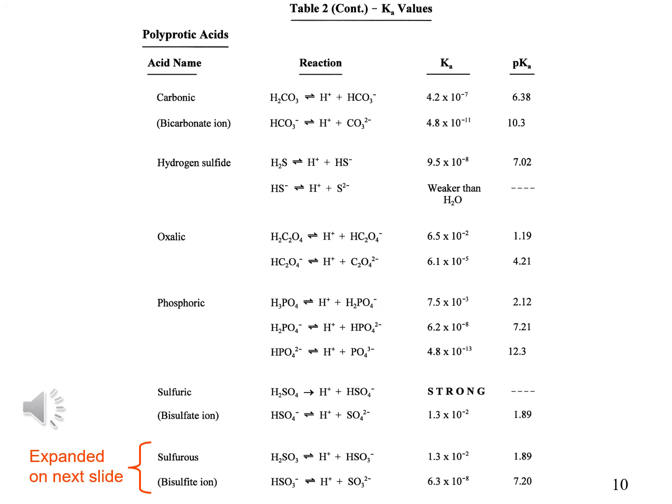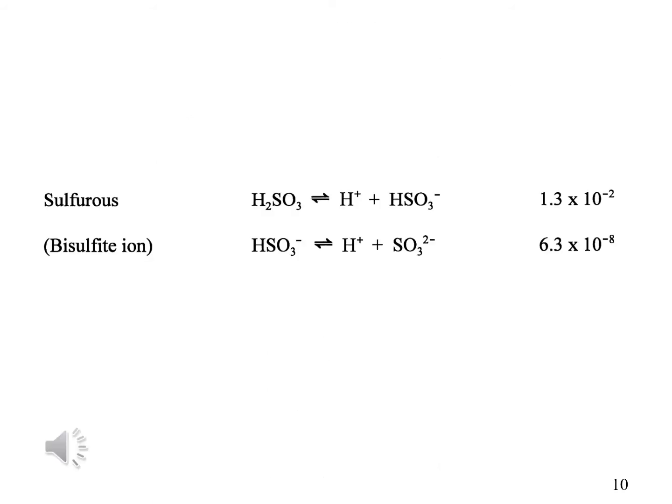Sulfurous acid is not the strong one. That's sulfuric. So sulfurous acid is on the very bottom of page 10. It has the two steps, and it's weak. I made the equations bigger so you could see them here. How are we going to find the concentration of the SO3 2- then?